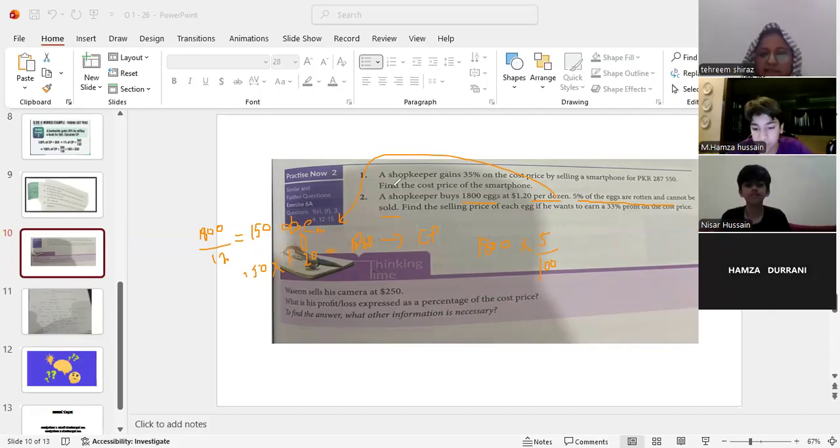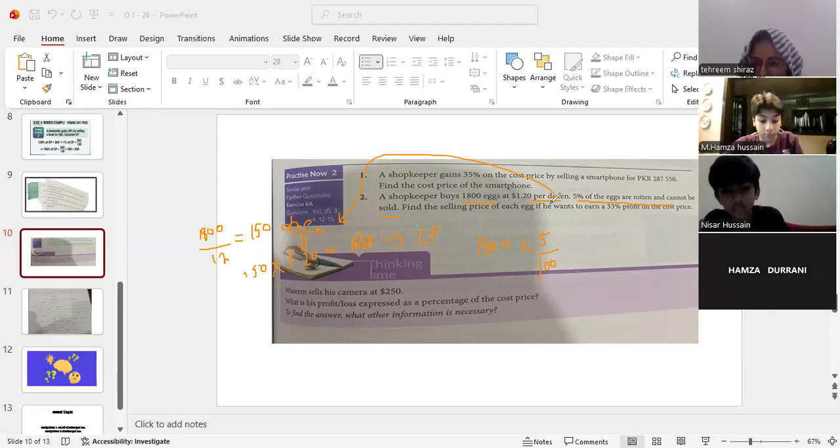Okay? Listen, he said a shopkeeper buys 1800 eggs at $1.20 per dozen. Clear? He bought 1800 eggs in total, but the price is given per dozen. So we need to convert those eggs into dozens, so I simply divide 1800 by 12.